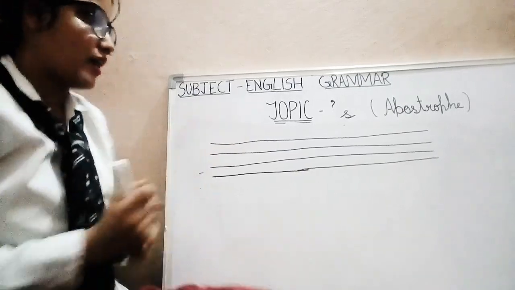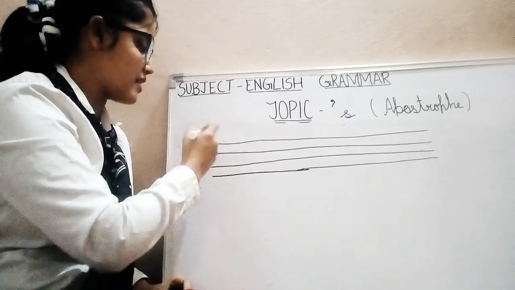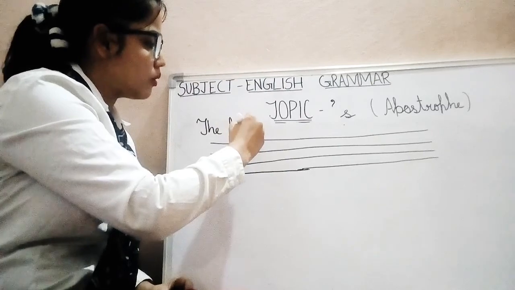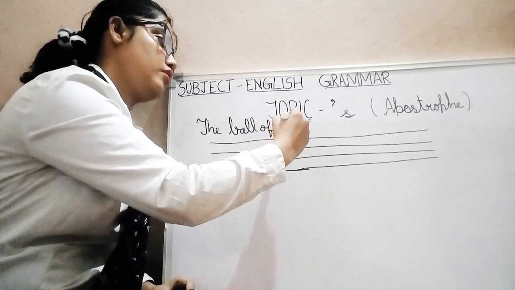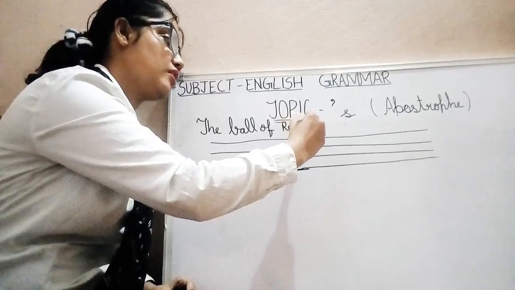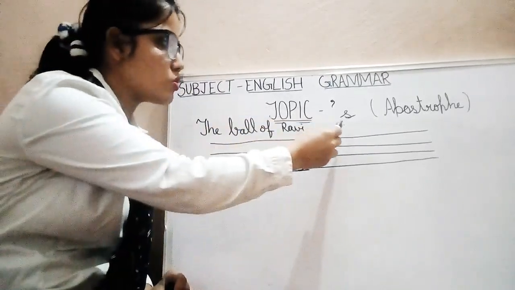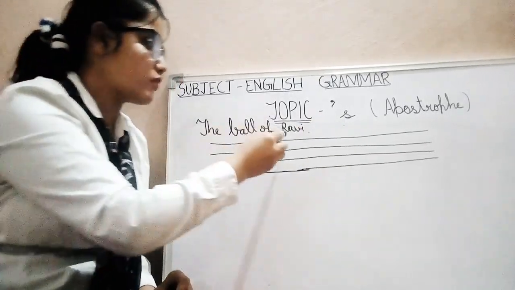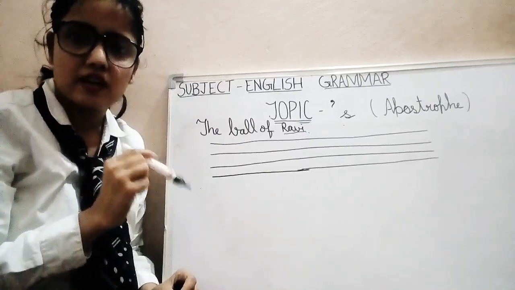Now let's take some example. If there is a sentence like the ball of Ravi. Okay, the ball of Ravi. So how, if we want to use apostrophe sign here, first of all we will write the person who possessed the thing.